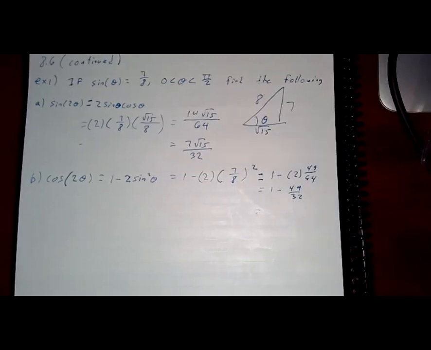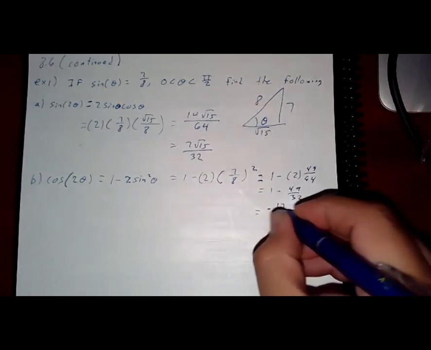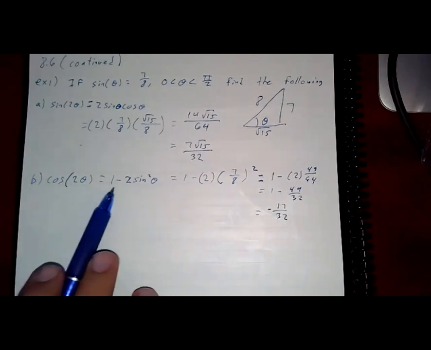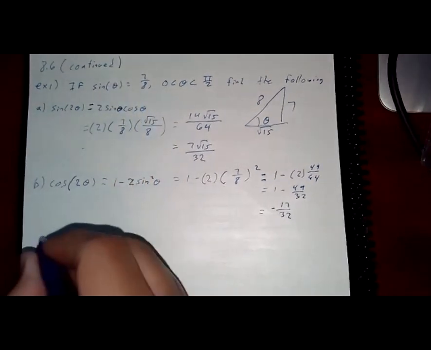Yeah. Let's see. Negative 17 32nds. Anyway. So if you have sine, I recommend using the one they give you. Part C.